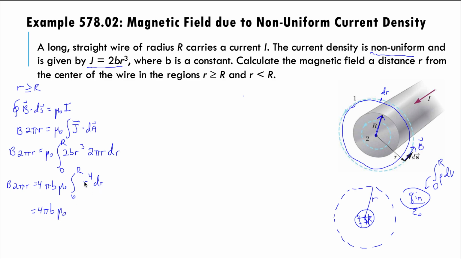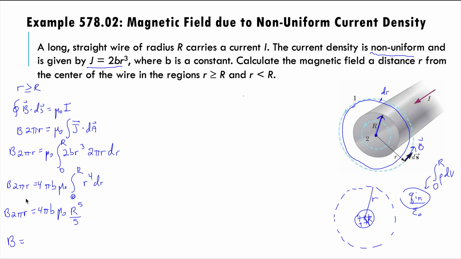It's going to be r to the fifth over 5. And we're going to take the limit of capital R. So capital R to the fifth over 5 is going to be this integral, since we have 0 here as the lower limit. And now we are ready to solve for B, the magnitude of the field outside this wire.